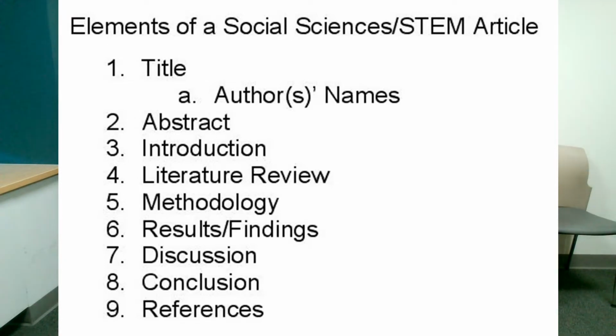You have a conclusion, which wraps up the article and often will point to directions for future research. And then you have a references list. Works cited, bibliography, whatever it is, but in APA, we call it a references list. And that's the citations for all of the sources. So that's your basic structure.